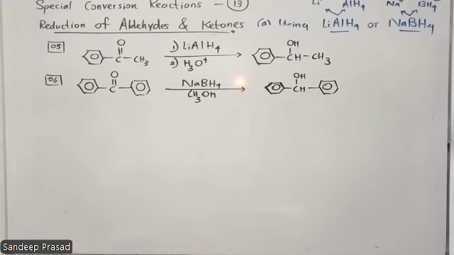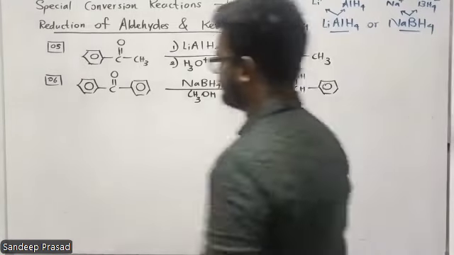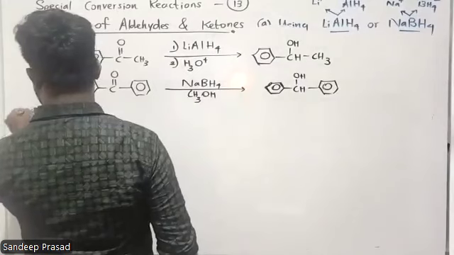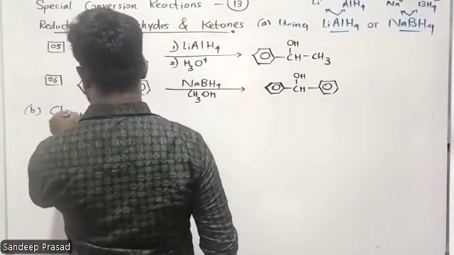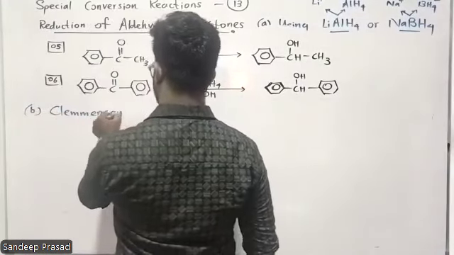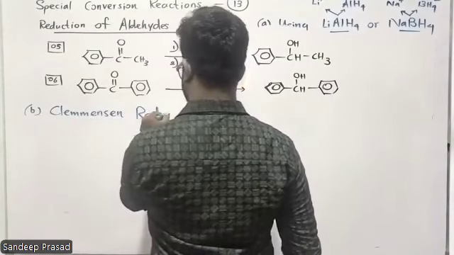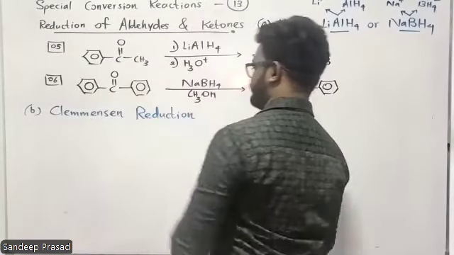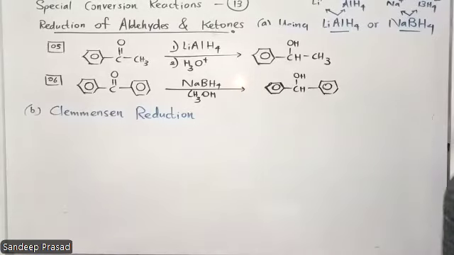And the next thing is what? Simple B, next type: Clemmensen reduction.